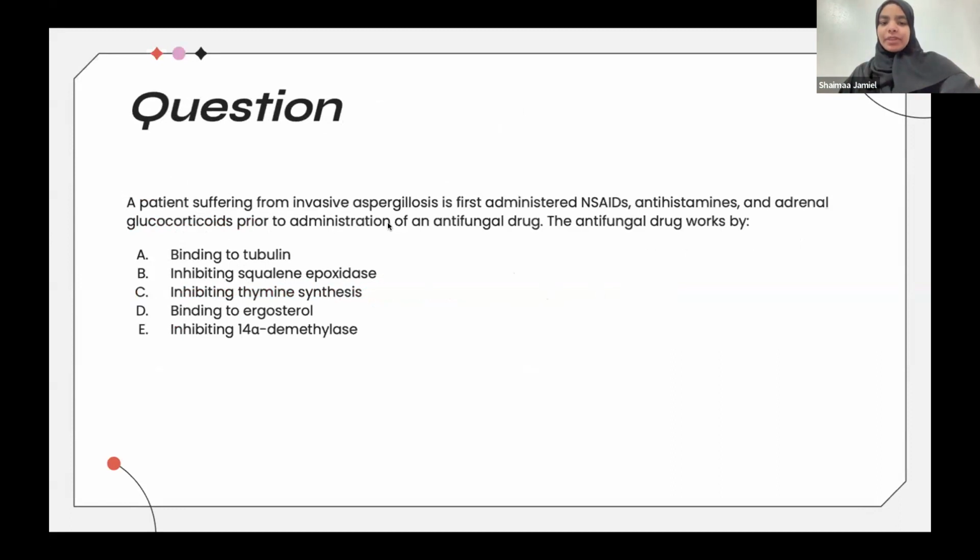A patient suffering from invasive aspergillosis is first administered NSAIDs, antihistamines, and adrenal glucocorticoids prior to administration of an antifungal drug. The antifungal drug works by binding to ergosterol. What drug are you thinking?